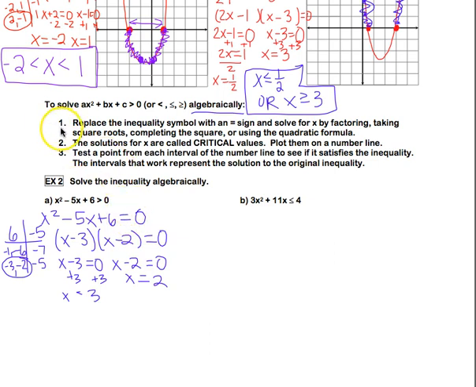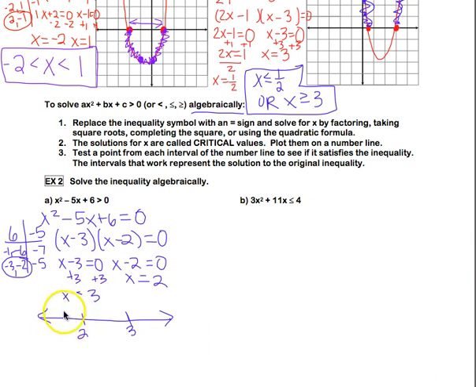So that's step 1. Step 2 tells you that these solutions are also called critical values. When we solve algebraically, we plot them on a number line instead of plotting them in the coordinate plane. Of course, you have to make sure you put them in the right order. 2 comes before 3 on the number line. Next, we test a point from each interval of the number line to see if it satisfies our original inequality.